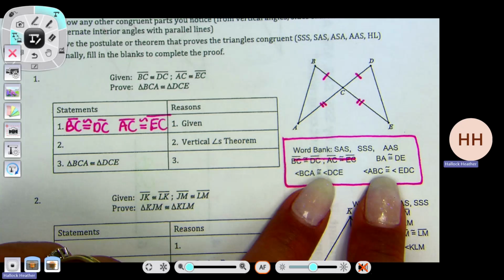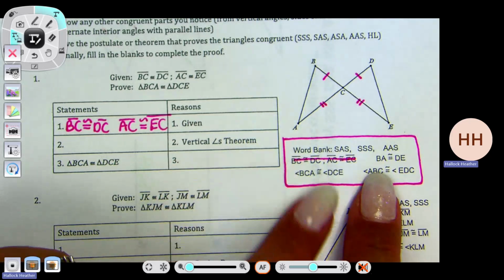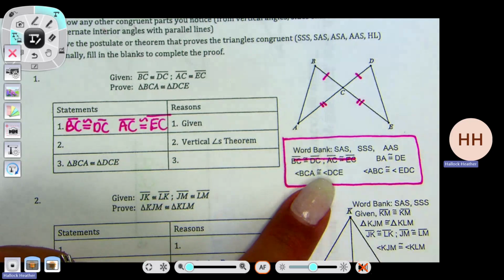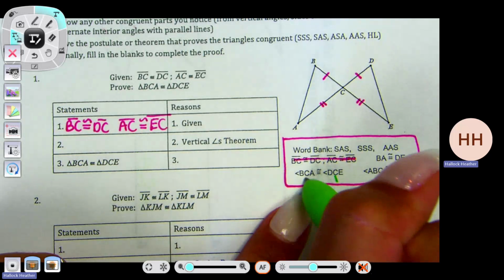I know 90% of you cannot read 3-lettered angles. So which one of these bottom 2 represents vertical angles? Is it the first one or is it the second one? It is the first one. The reason why it's the first one is because they both have C in the middle.